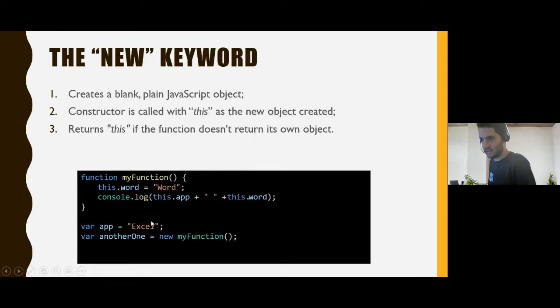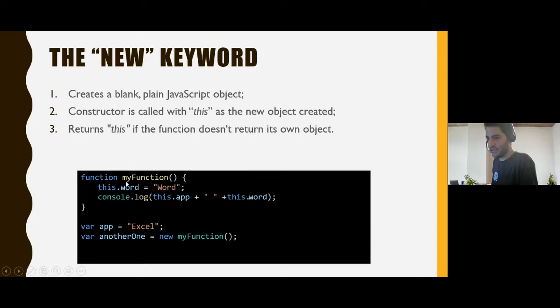Then the constructor, or the content of this function, is going to run, and when you use this, it is going to use the new blank object that was created in stage 1. And then when it finishes, it returns this as the function return, unless you return something else.